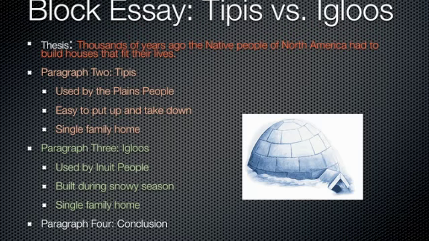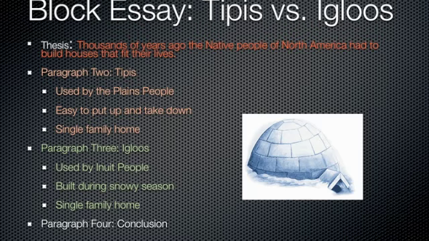Now, since I touched on the people who live in teepees in the first paragraph, in paragraph 3, the first point I have to touch on is who lives in igloos, and then how it was built, and then it's a single family home. Now, in your conclusion, you may point out the similarities and differences that you illustrated in your paragraphs.